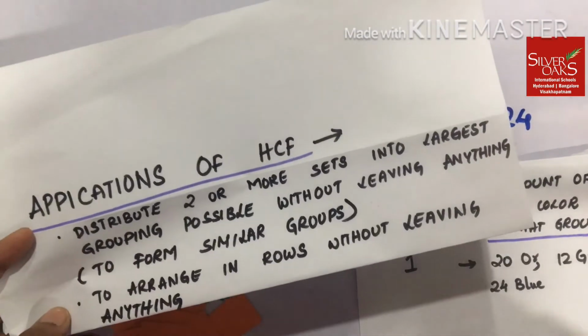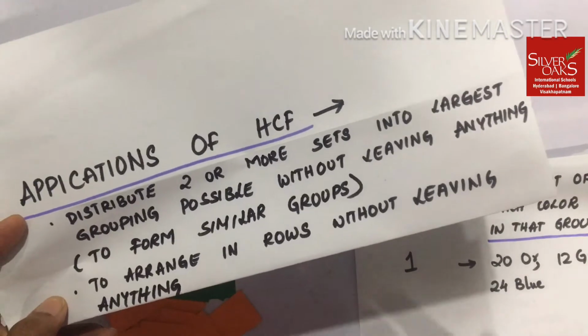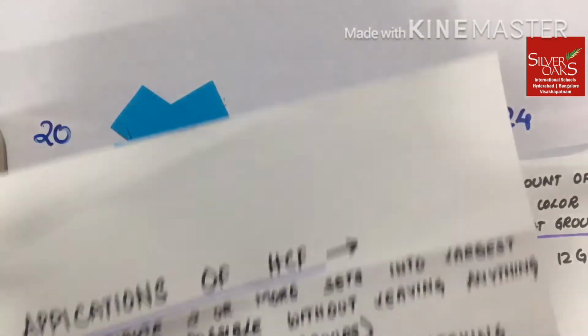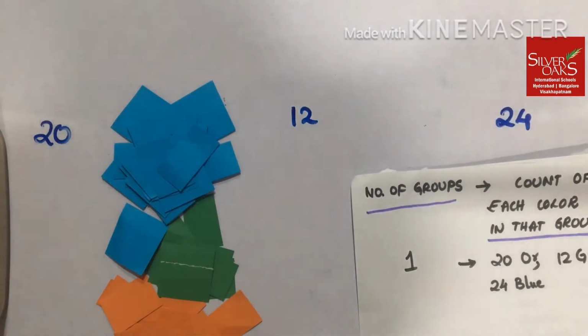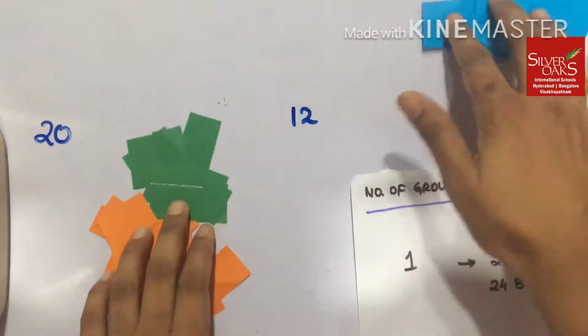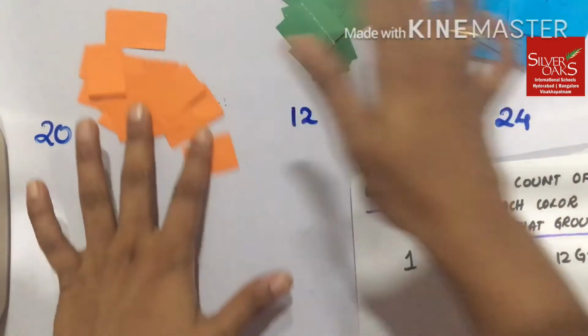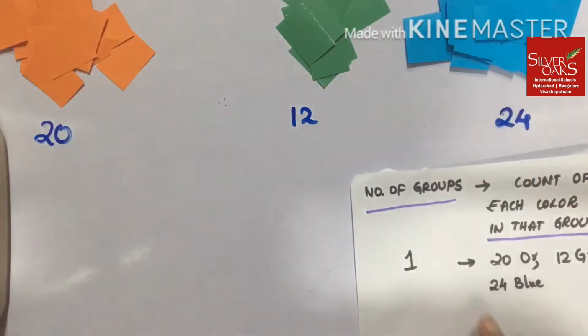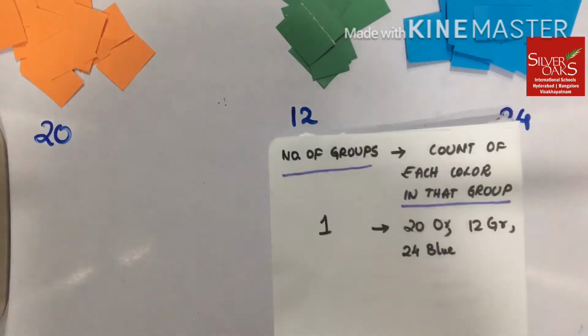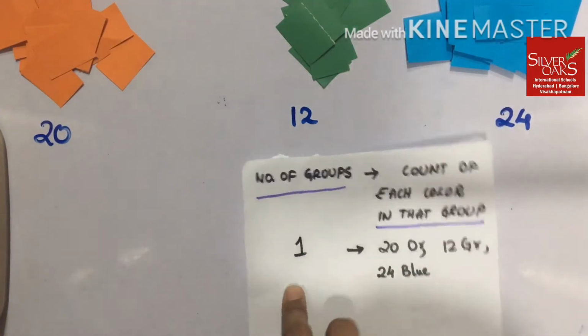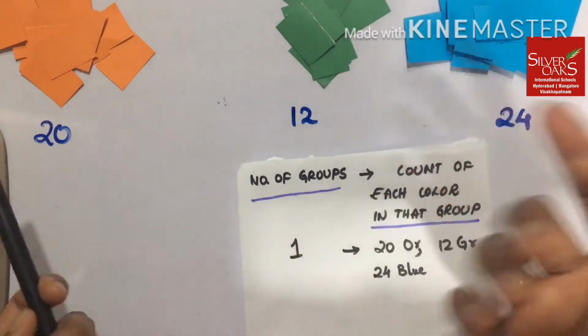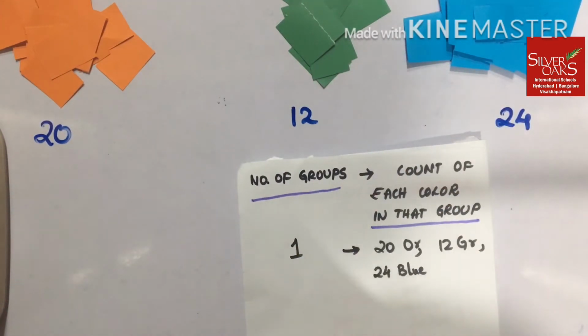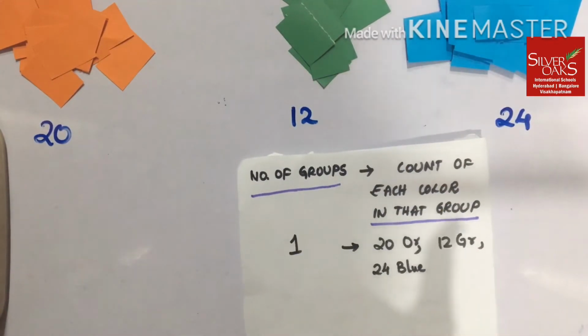So let us try to find some other number of groups. Can I form two groups? The term HCF says highest common factor.